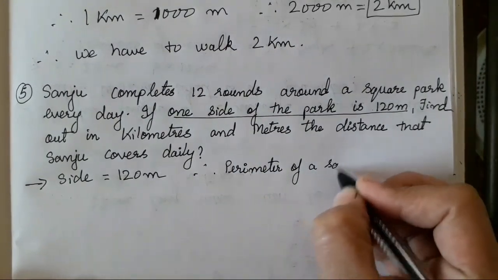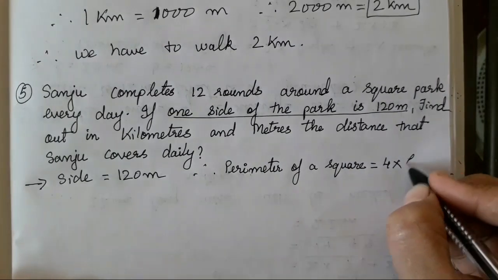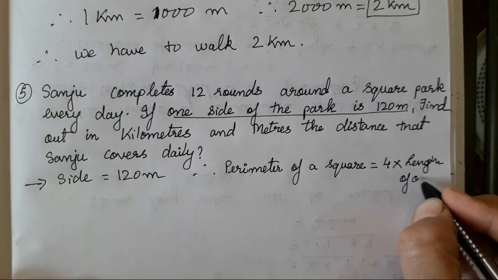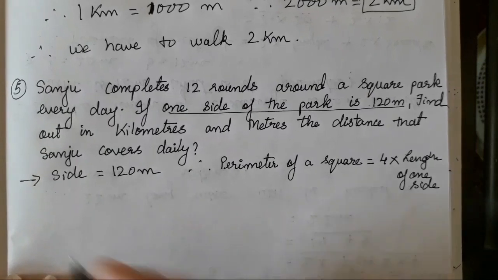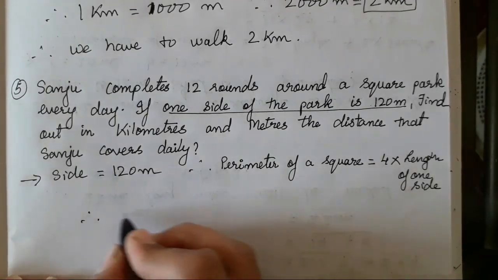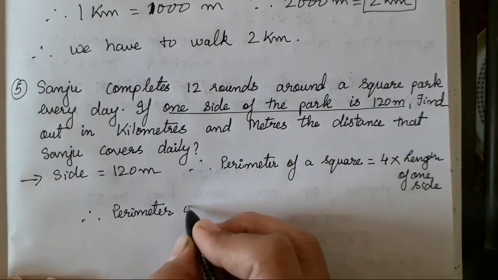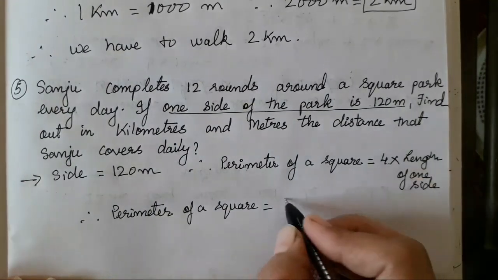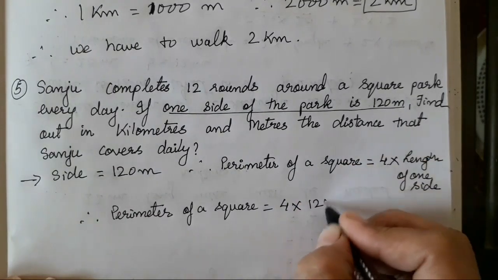of a square is equal to 4 into length of one side. This is the formula. So therefore perimeter, I will write it down here, of a square 4 as it is into length of one side means 120.